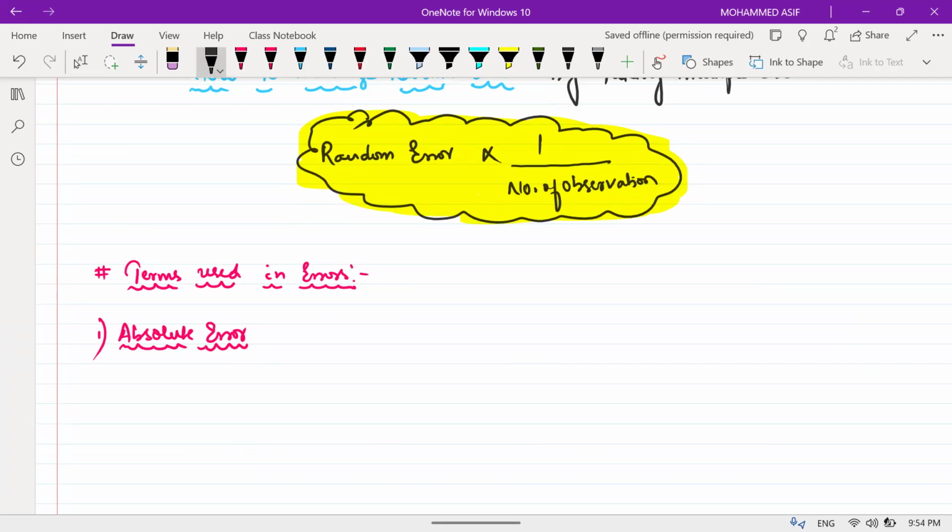What do you mean by absolute error? It is the magnitude of the difference between the measured value and the true value. That is the basic definition.